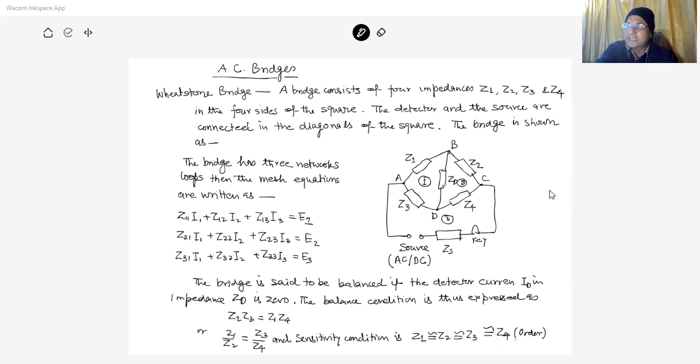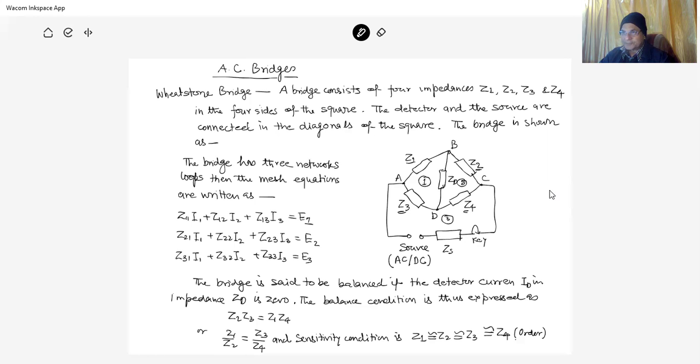As shown in this case also, Z1, Z2, Z3, Z4 are four impedances connected in the network along with the source, that is AC or DC, with a source impedance ZS and a key. A detector is there in the diagonal BD.